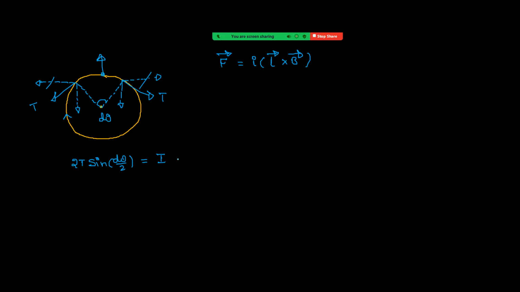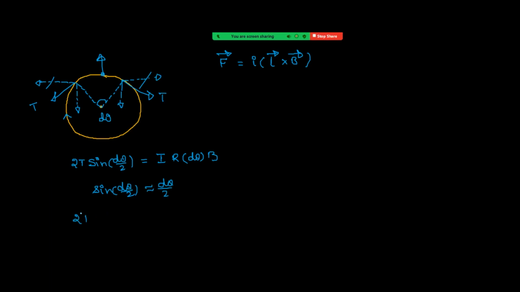So I into L, the length. Length of this arc is R into d theta, right? So I into R d theta into B. The remaining part is just calculation. Since d theta is very small, sine d theta by 2 is approximately equal to d theta by 2.